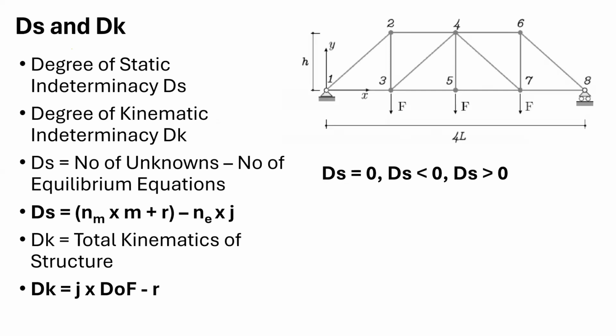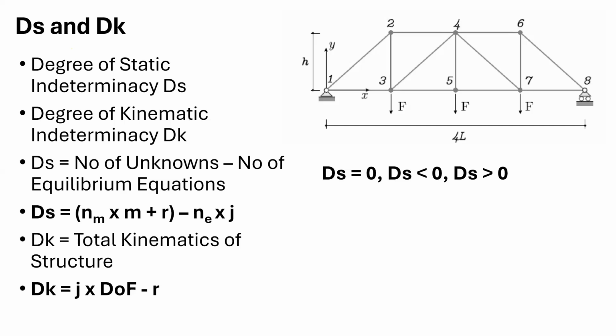Correct. If you see the truss, how many forces are there in one member? Tension and compression are the nature of forces, but it is an axial force. Only one force is there in the truss.